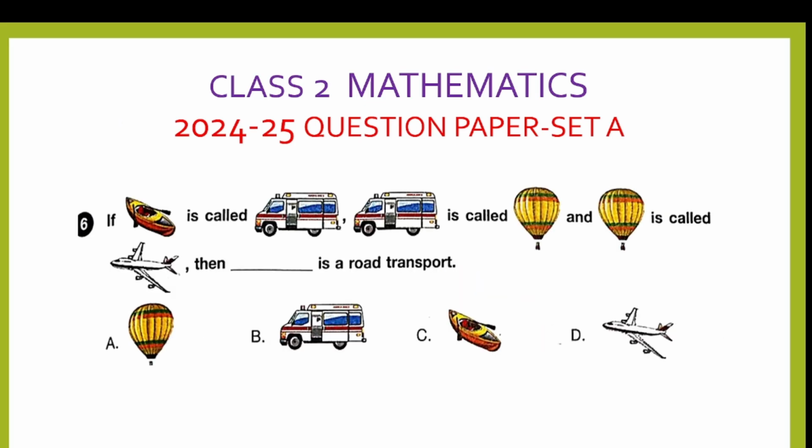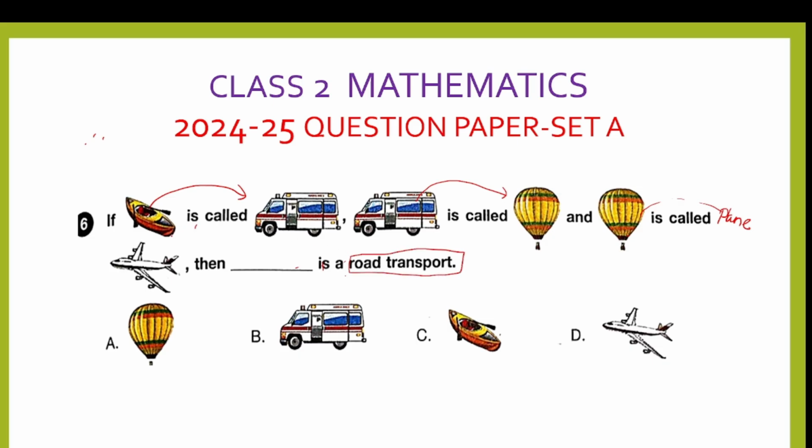Next question. If boat is called ambulance, and ambulance is called hot air balloon, and hot air balloon is called plane, then dash dash is a road transport. So first we must know what a road transport is.